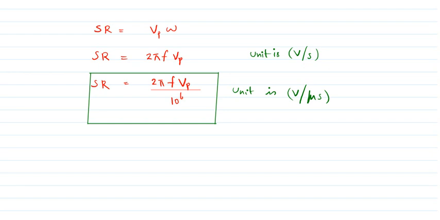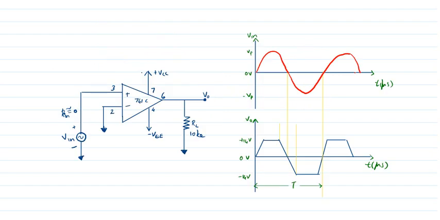Next we will study the effect of slew rate in applications. The main application for finding slew rate is in the case of open loop configuration. The circuit I have drawn here is the open loop configuration using the 741 IC, and here I show the input and output waveforms.